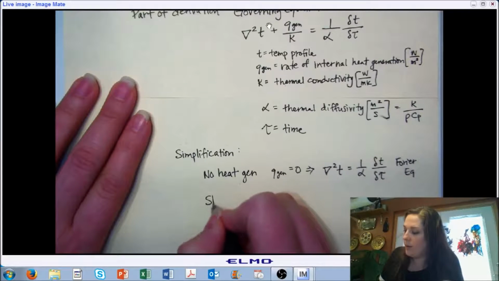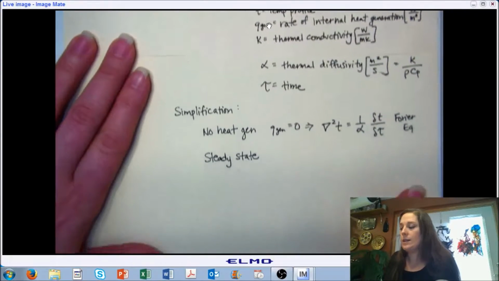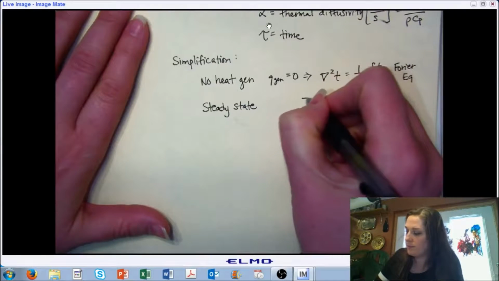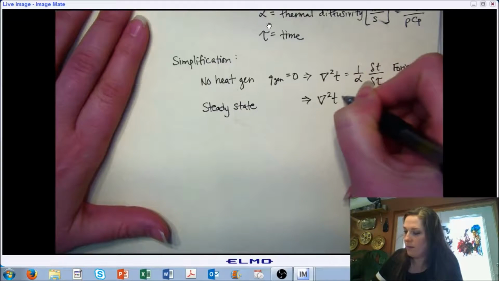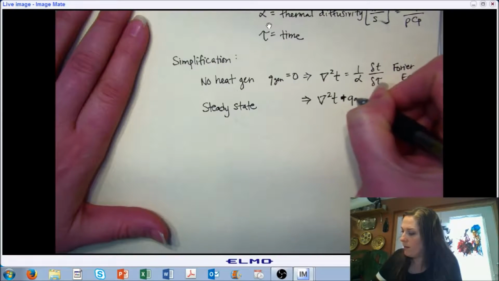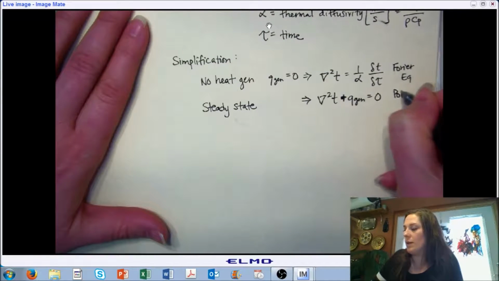We also, when we work with our systems for analysis, typically assume that we are at steady state. And if we make that assumption, then we get an equation that looks a lot like a Poisson.